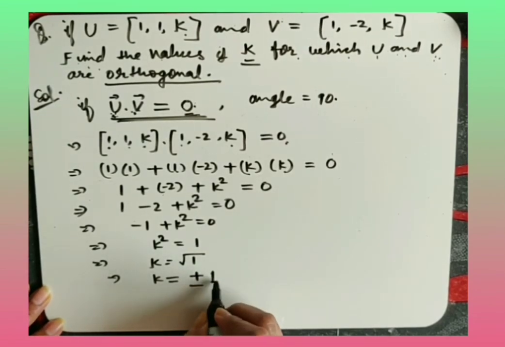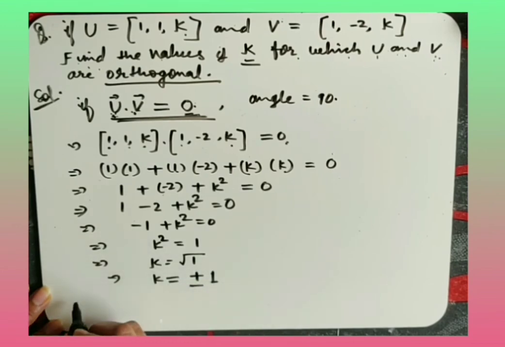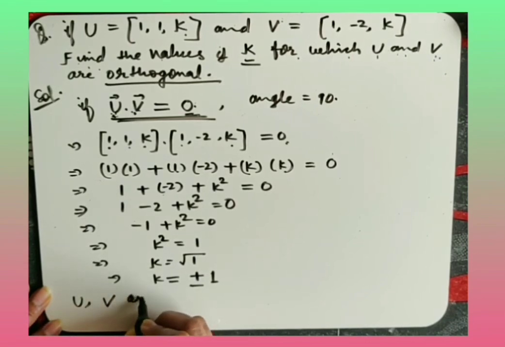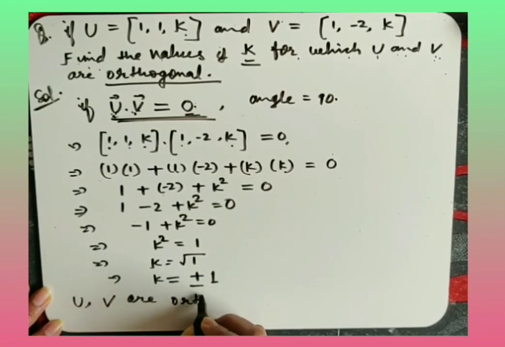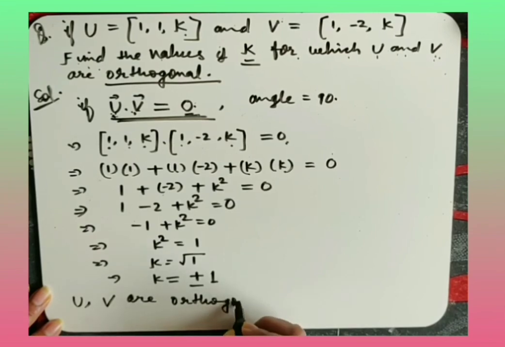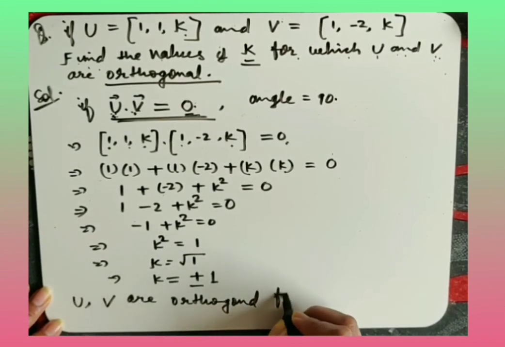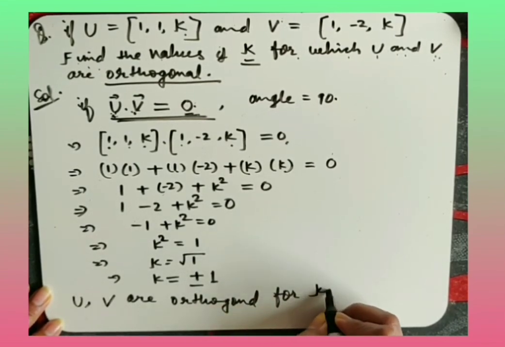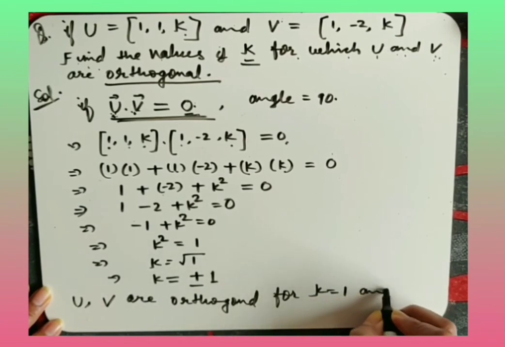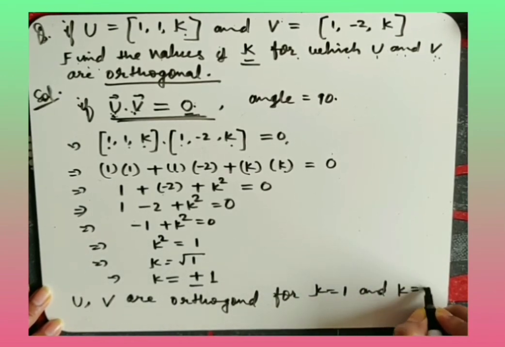One is plus 1 and another is minus 1. Thus we can write that u and v are orthogonal for k equal to 1 and k equal to minus 1. This is the answer.